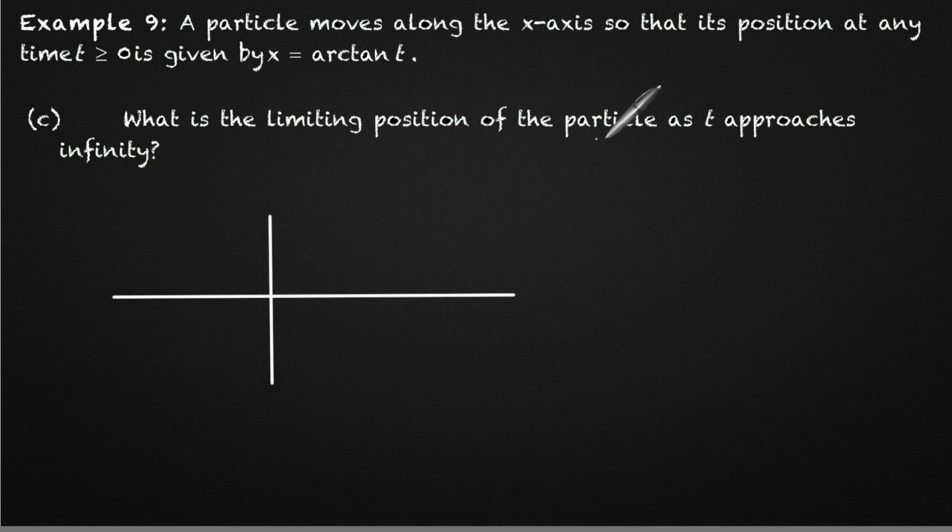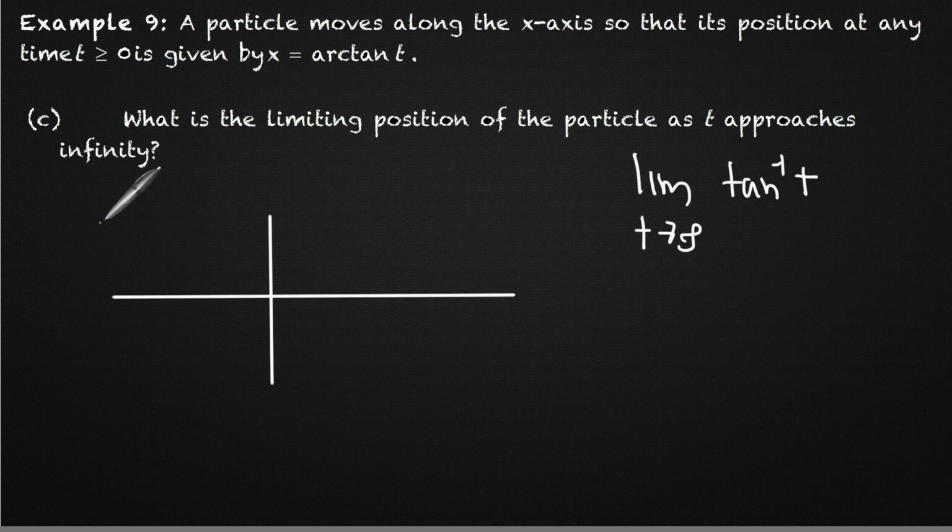Okay, for this last part, we are basically trying to find the limiting position of the particle as t approaches infinity. So we're trying to find the limit as t approaches infinity of our function, inverse tangent of t. For this, it would be helpful to remember what the graph of the inverse tangent is.